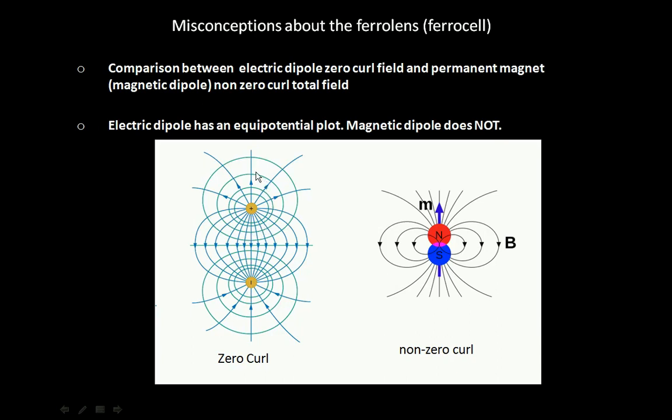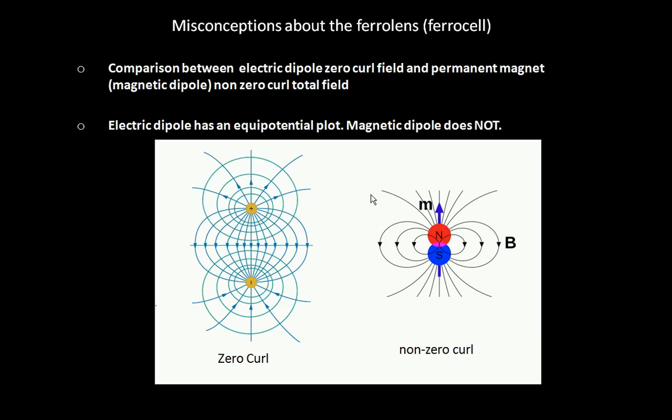So we have here the two charges with the equipotential plots, which I again repeat are mathematical attributes we calculate for the field and not physically existing in the field. The only physically existing are these force vectors. So this is the isopotential plot for the one charge, and this is for the other. But this, as many wrongly assume, has nothing to do with a magnetic dipole. In a magnetic dipole, we have the totally reverse situation, meaning that the field has non-zero curl.